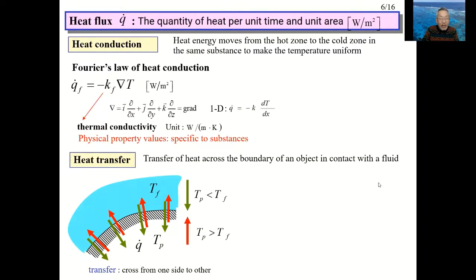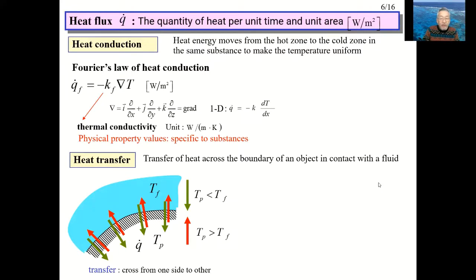Regarding the heat conduction, we have the well-known Fourier's law. According to Fourier's law, the heat flux Qf dot due to conduction is proportional to the thermal conductivity Kf and temperature gradient with minus sign. The thermal conductivity Kf is a physical property of a substance.